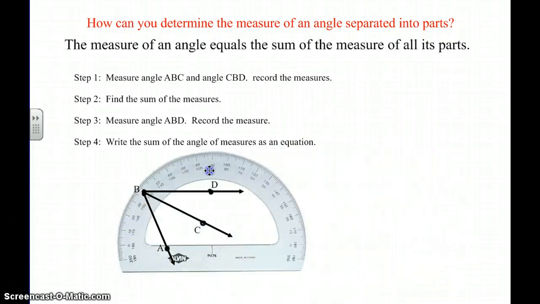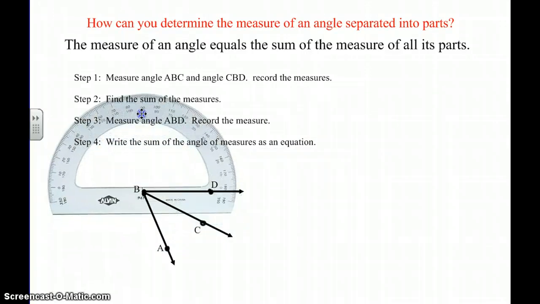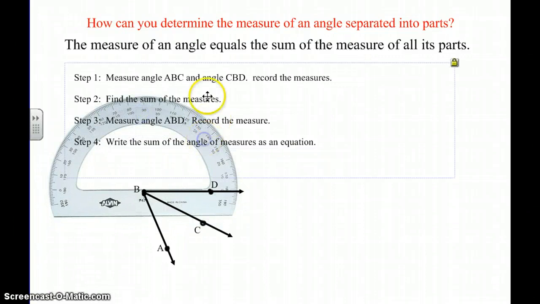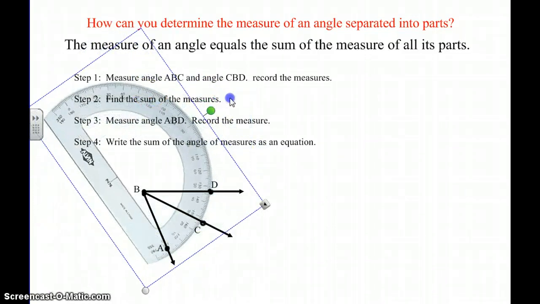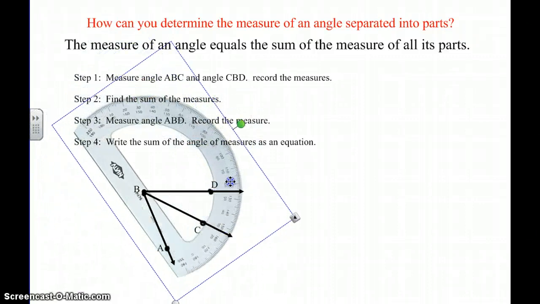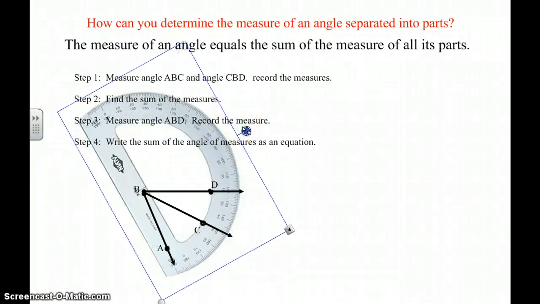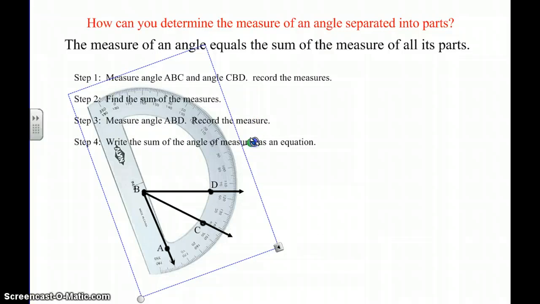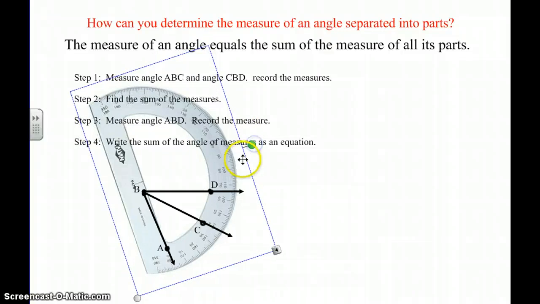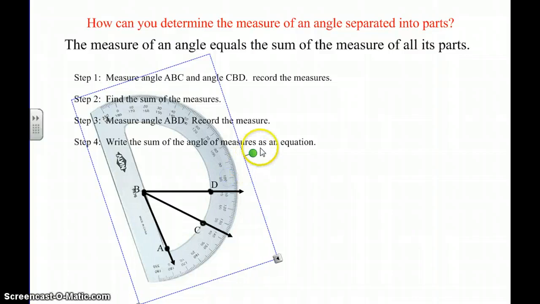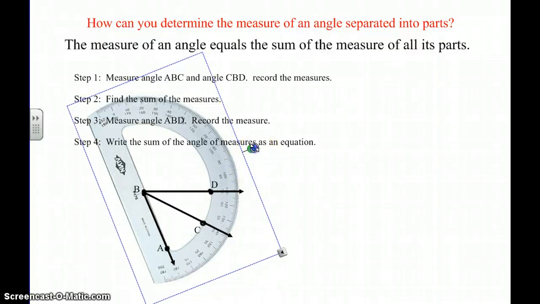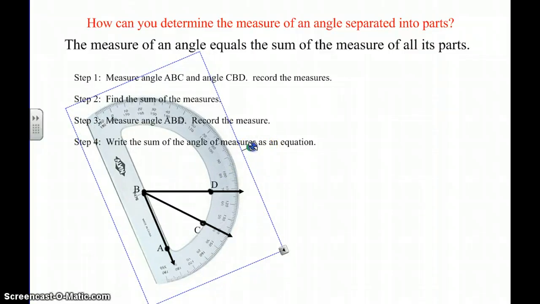So this is using our protractor skills. We're going to line up our center with our vertex. We're going to turn our protractor and line it up. And don't forget, this is easier on your desk than it is on the smartboard here. So we line it up with the 0 and we line up the other ray.